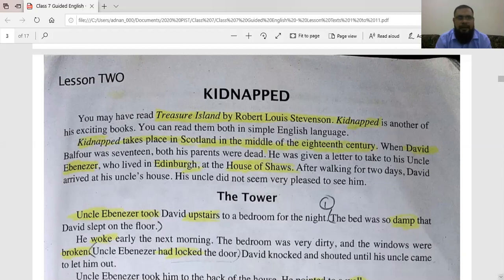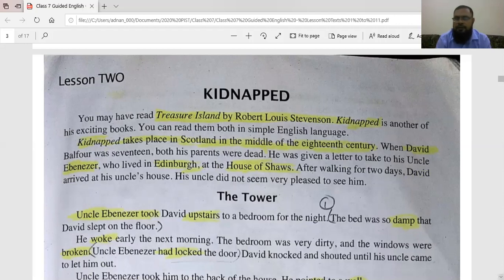Kidnapped takes place in Scotland in the middle of the 18th century, when David Balfour was 17. Both his parents were dead. He was given a letter to take to his uncle Ebenezer, who lived in Edinburgh at the House of Shaws.